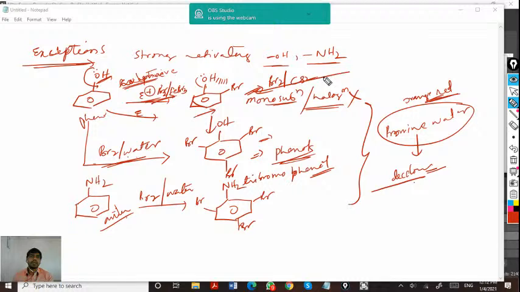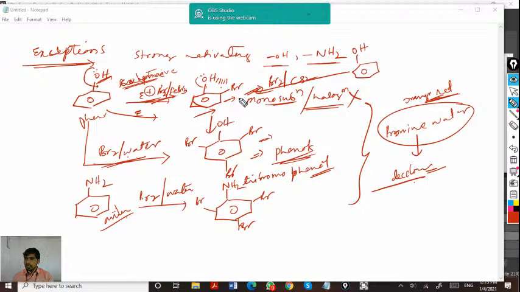So when a phenol is treated with carbon disulfide solvent and bromine, it's going to give monobromophenol. In that also there are two kinds of products: one is ortho, one is para. In the ortho it will have hydrogen bonding, so it will be more stable. Okay, so these are repeatedly asked questions, so you need to be careful.